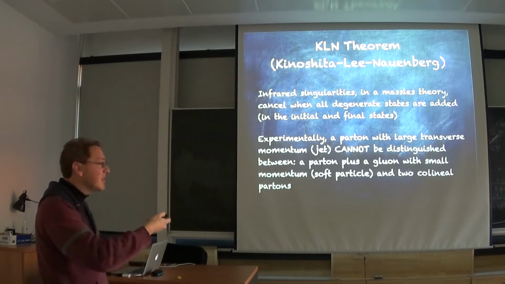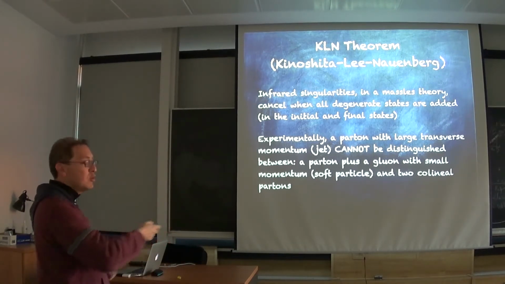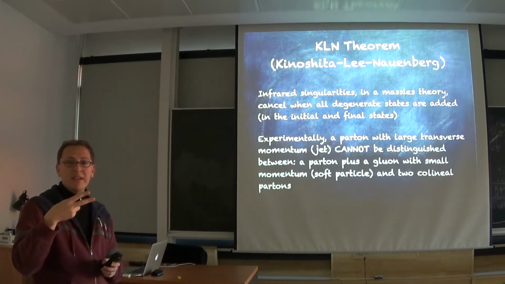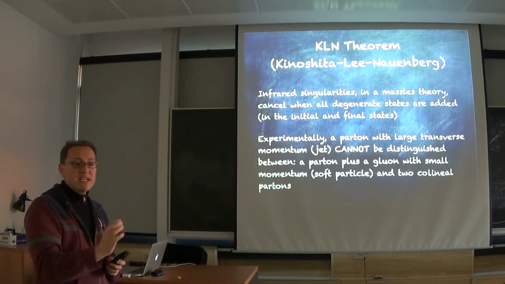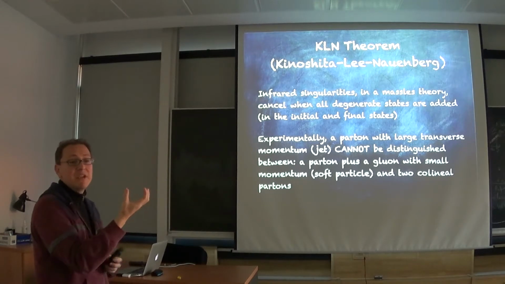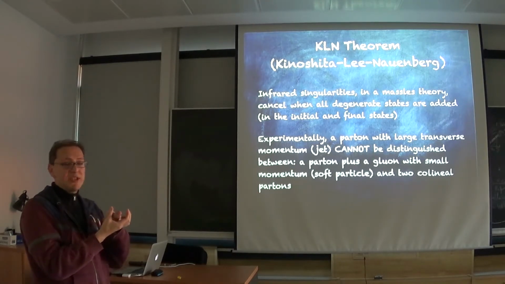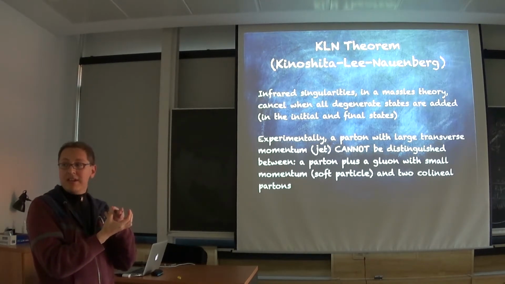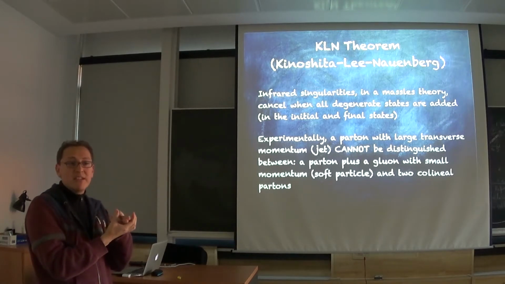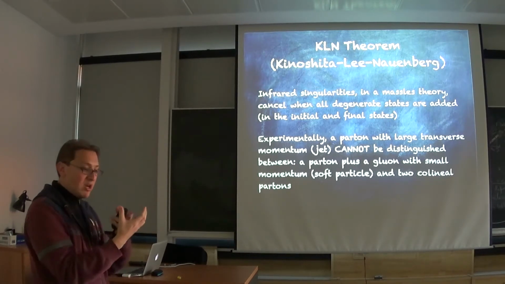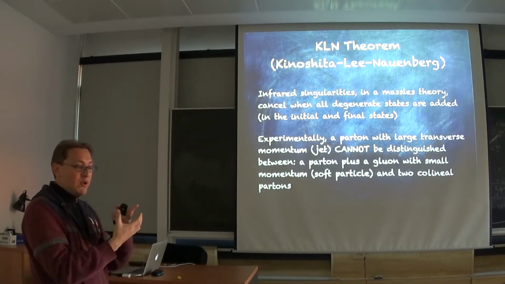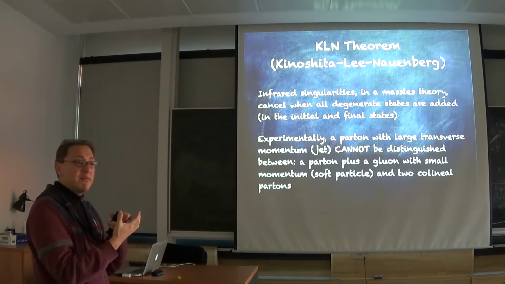And the other possibility is that if you produce two particles in the final state, and you set the size of the cone like this big, for instance, if the two particles go collinear inside it, they will be like a jet. It will be exactly the same. So that's why you have to take into account the two configurations: two particles going collinear, and two particles where one of them is soft.